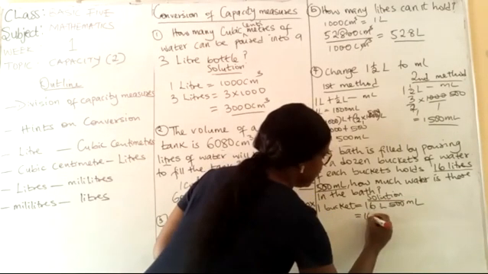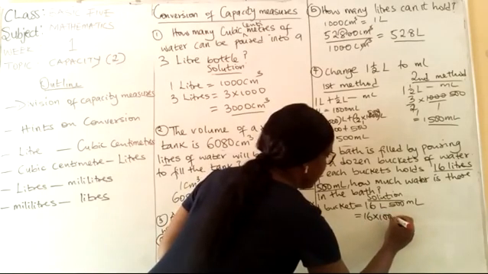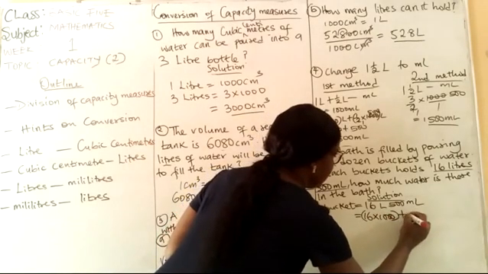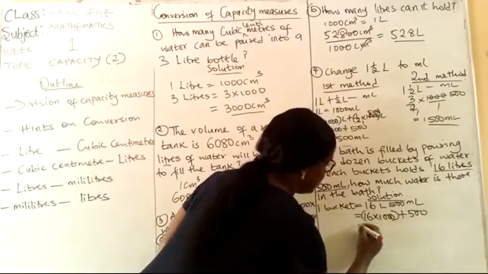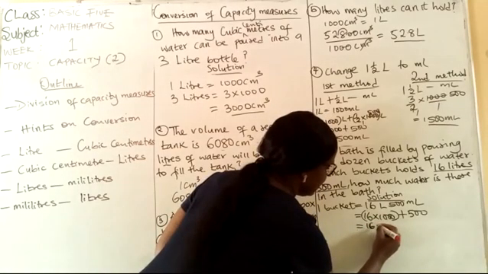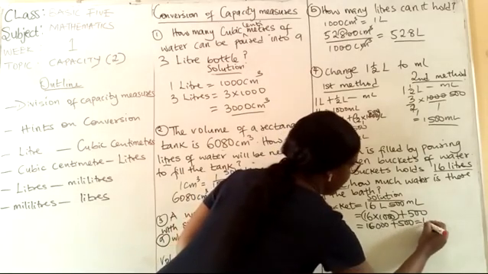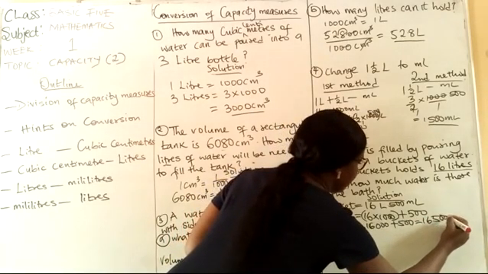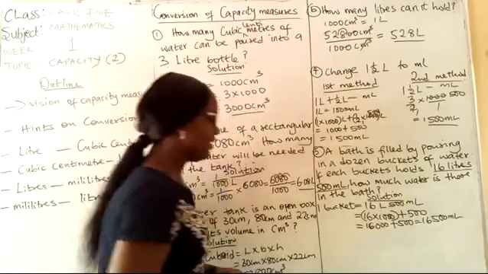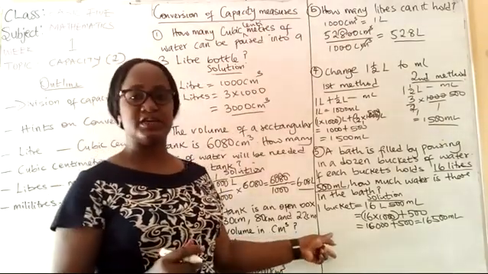So we are going to do 16 times 1000 plus 500. So we have 16,000 plus 500, that will give us 16,500 ml. Now this is the capacity for one bucket, right?